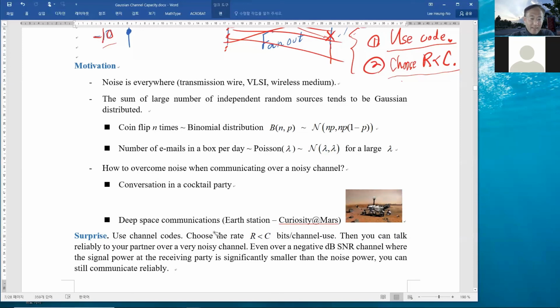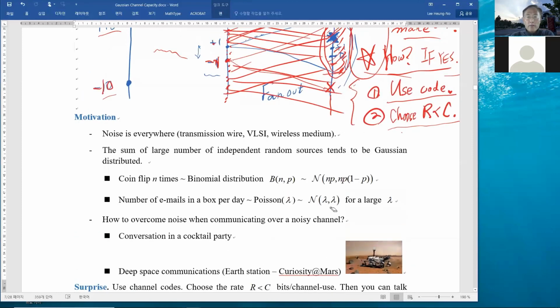Even in this negative SNR scenario, use channel codes and choose a transmission rate smaller than C, the capacity of the channel. Then you can talk reliably to your partner over such a very noisy channel. Even over a negative dB SNR channel, where the signal power at the receiving party is significantly smaller than the noise power, you can still communicate reliably.